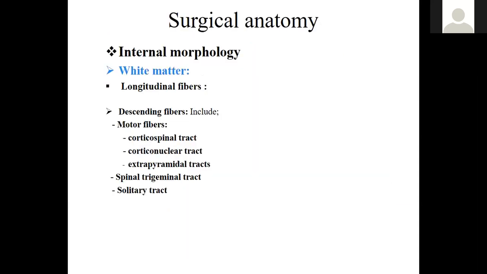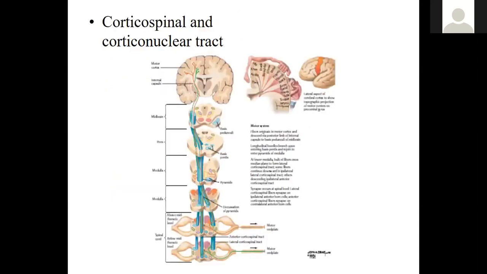Concerning the descending fibers, they mostly include the motor fibers, the corticospinal tract, corticonuclear tract, and the extrapyramidal tracts. Moreover, we have the spinal trigeminal tract and then the solitary tract. So, concerning the corticospinal and corticonuclear tracts, these are the fibers originating from the cortex, which get down through the internal capsule and then get to the brain stem.